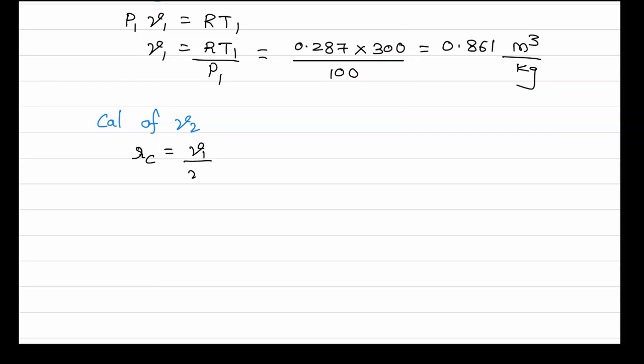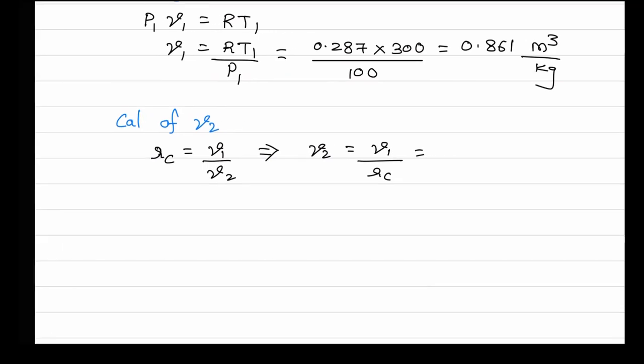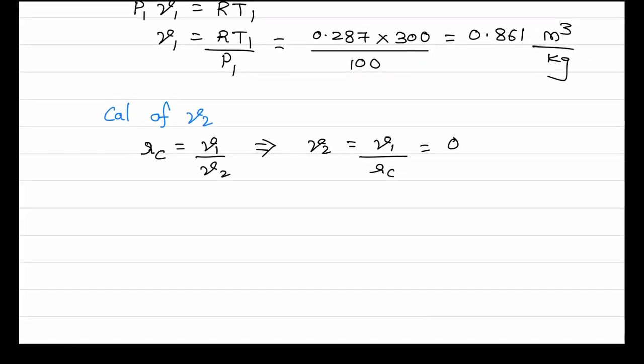So what is v2? v2 is v1 by compression ratio. v1 we just calculated: 0.861, and compression ratio is 18. So just calculate this, we will get v2 as 0.0478 meter cube per kg.